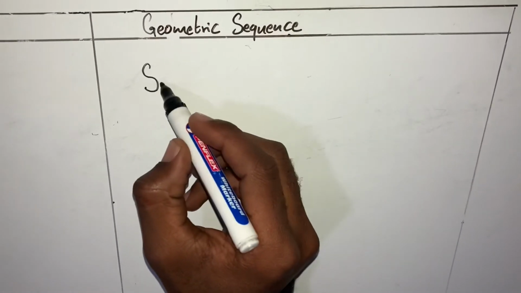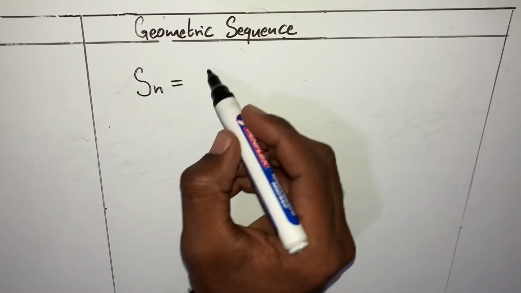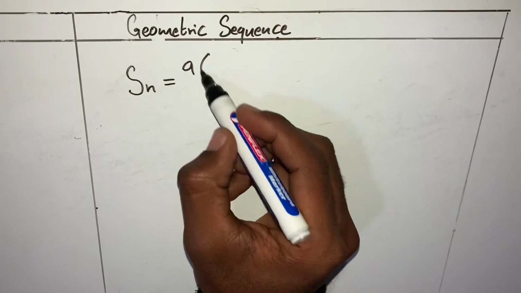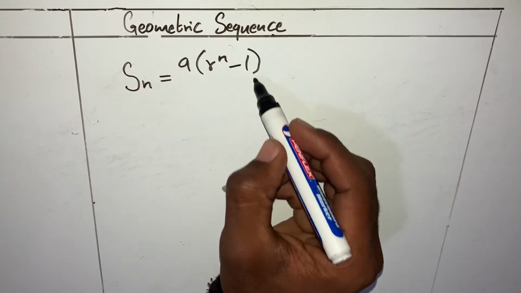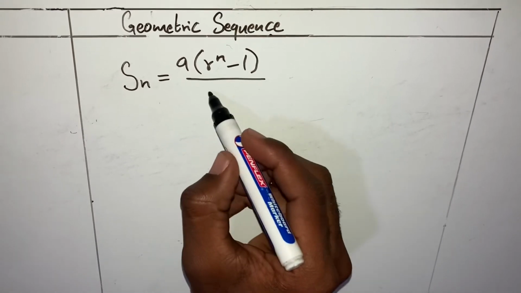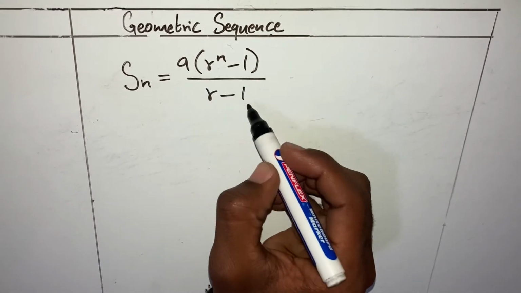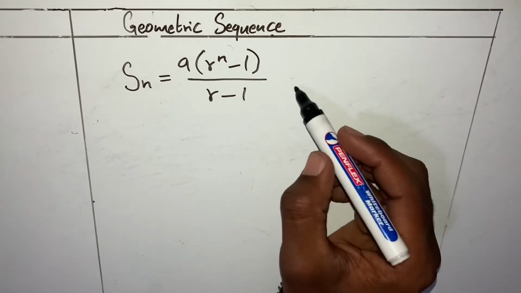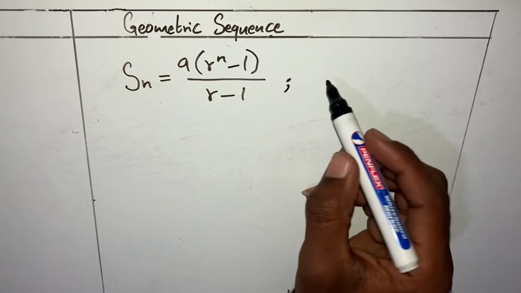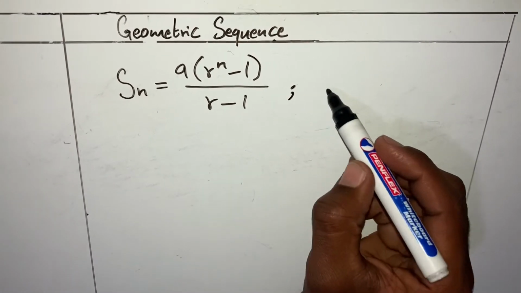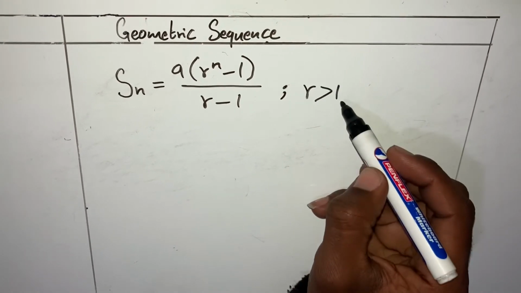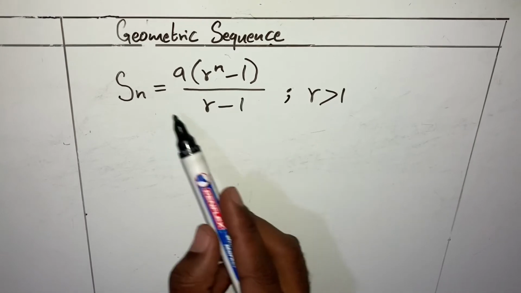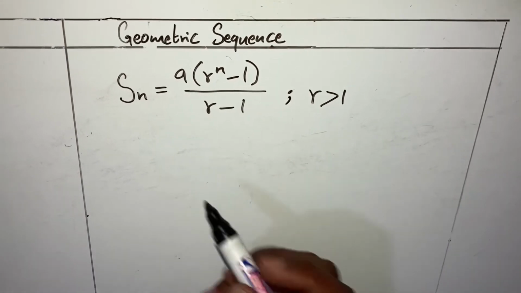Then we go for the first one, which is Sn equals a(r^n minus 1) all over r minus 1, which has a condition: r must be greater than 1 in order for you to write this formula in this form.